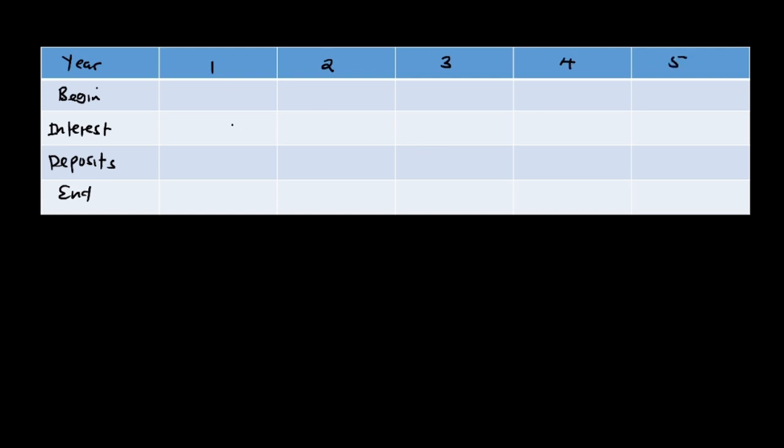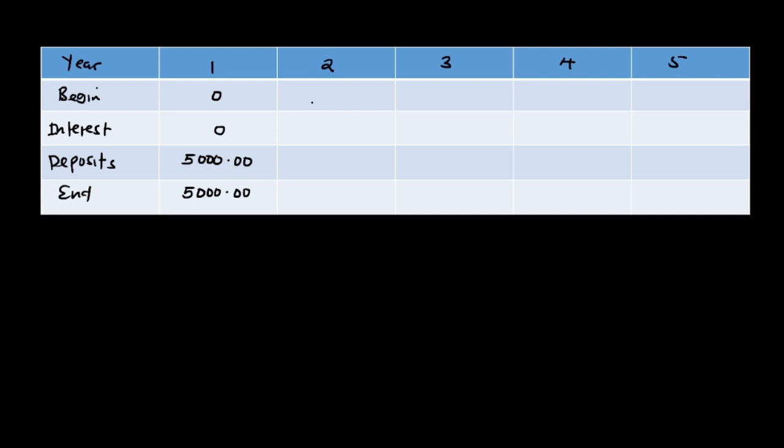So at first you don't have anything. There will be no interest also, because you are depositing the money at the end of a period. If you deposit the money on 31st December, don't expect it to incur interest in that particular year, because it's the last date. So at the end of the year, you're going to have 5,000 in your account.